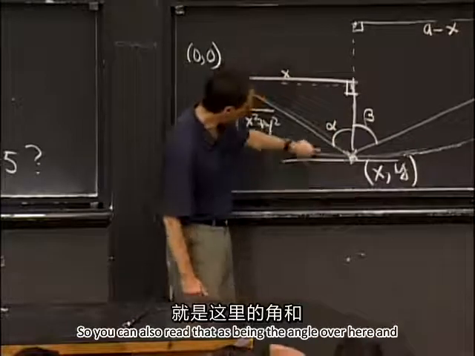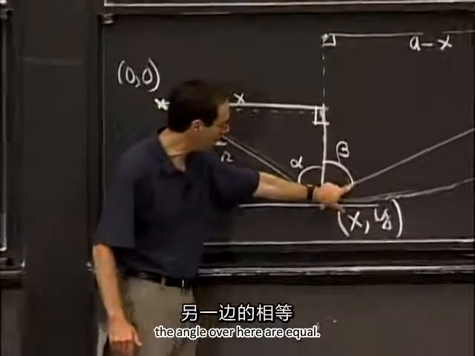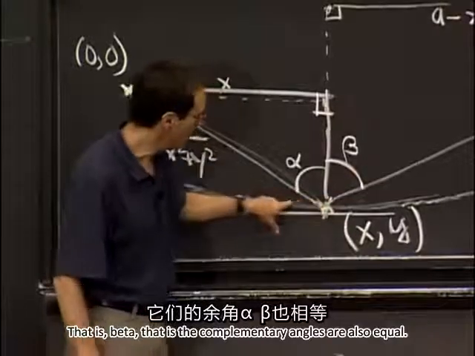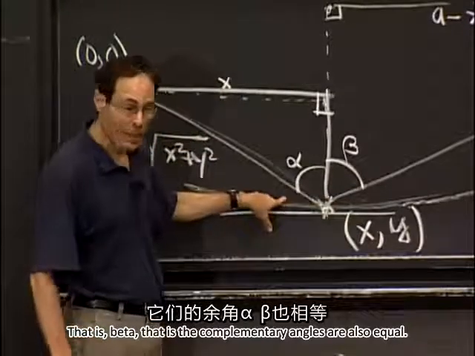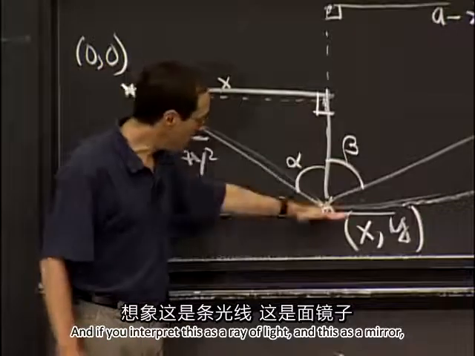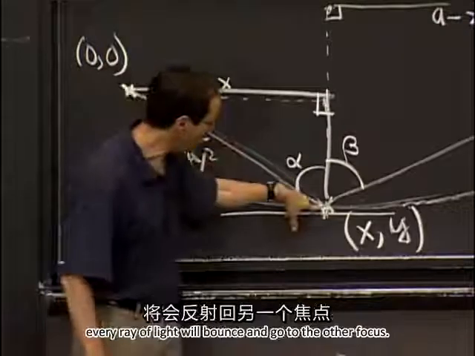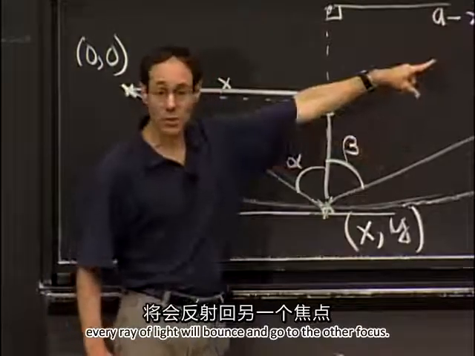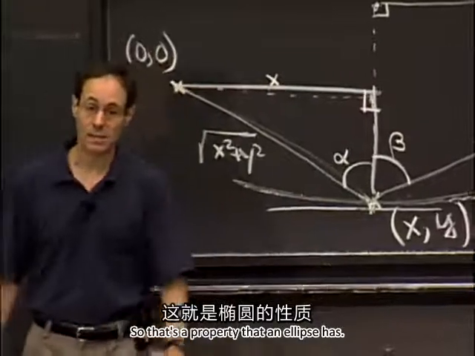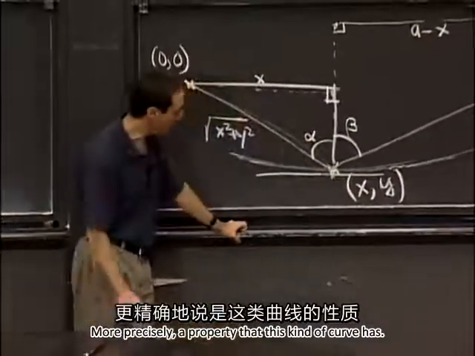So you can also read that as being that the angle over here and the angle over here are equal. That is beta, that is, the complementary angles are also equal. And if you interpret this as a ray of light, and this is a mirror, then this would be saying that if you start at one focus, every ray of light will bounce and go to the other focus. So that's a property that an ellipse has. More precisely, a property that this kind of curve has.